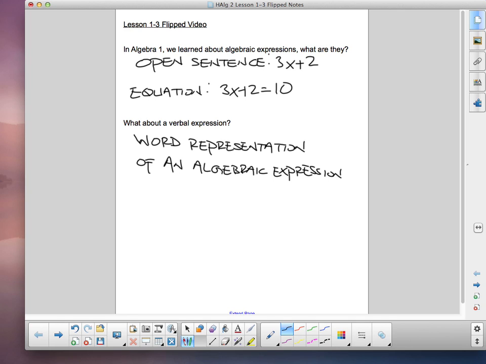So, we have an algebraic expression, we have a verbal expression. Algebraic with our numbers and letters. Verbal is with our words. Okay, it would be a written out expression.